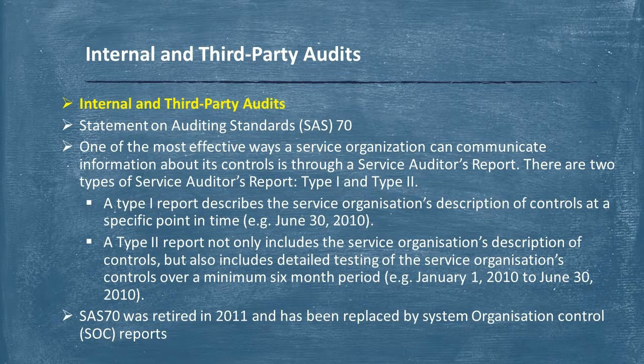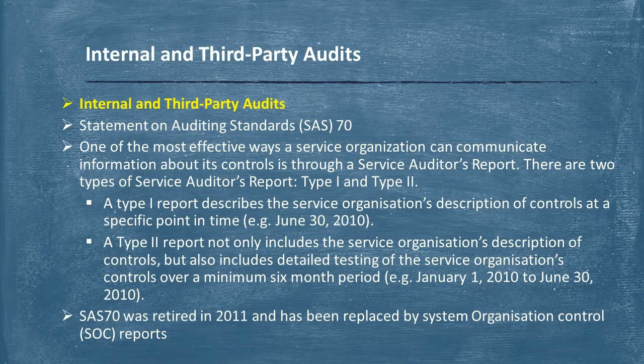One of the common audits is SAS, that is Statement on Auditing Standards, SAS 70, which the AICPA, the American Institute of Certified Public Accountants, developed. One of the most effective ways a service organization can communicate information about its controls is through a SAS report.